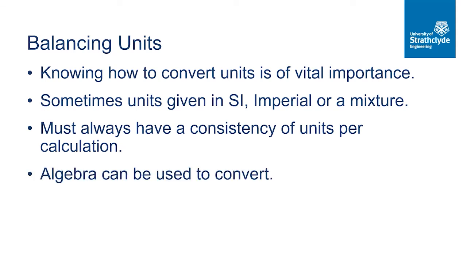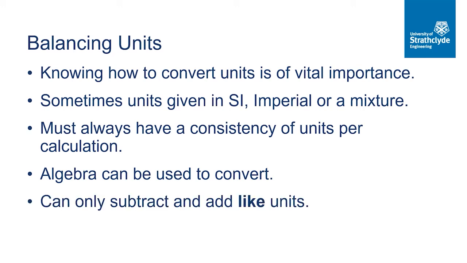Algebra can really help us to convert from one unit to another, and we must note here that we can only add like units. We can multiply, and there are some rules to multiplication, but the problem here is that we can only add like units, okay? So let's take an example. Adding units.